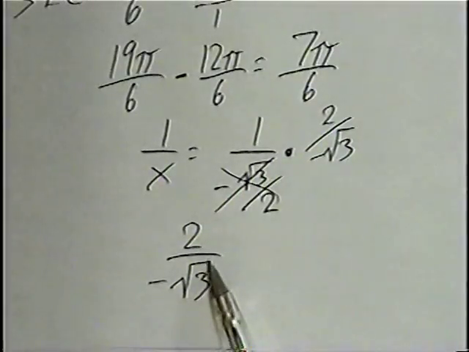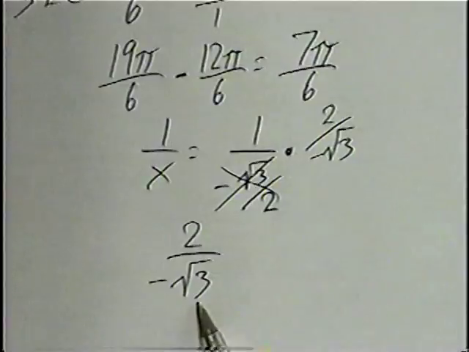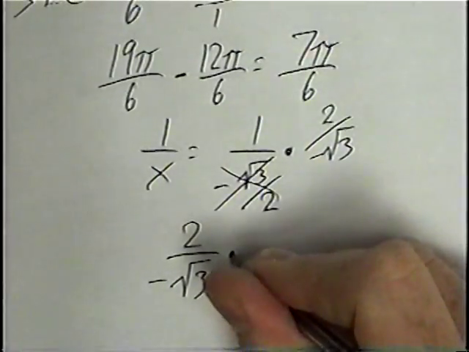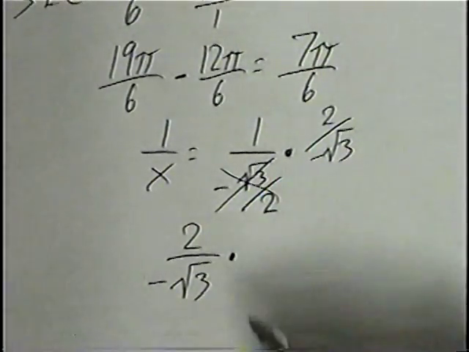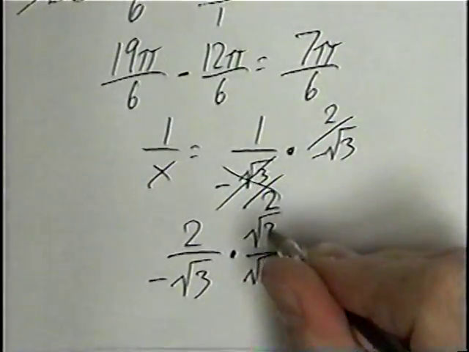And again, we cannot have a radical inside the denominator. To cancel out a radical, if you remember, you can multiply by that same radical, radical 3, for the numerator and denominator.